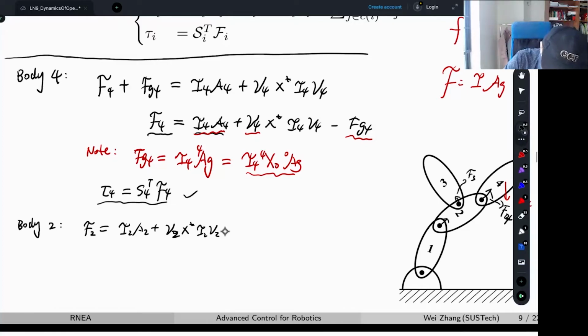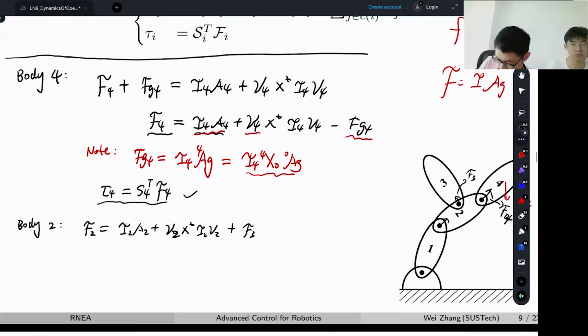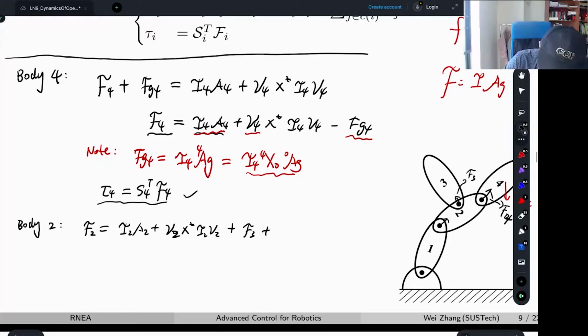So here will be negative F3, but moving to the right will be positive F3. Positive F3 and positive F4, because that's the force body 2 applies to others, not what body 2 experiences. And minus, this is Fg2.